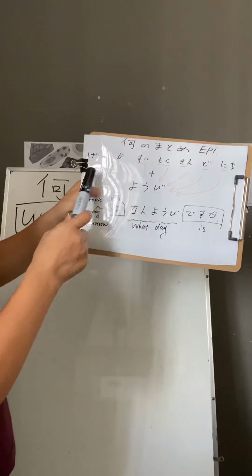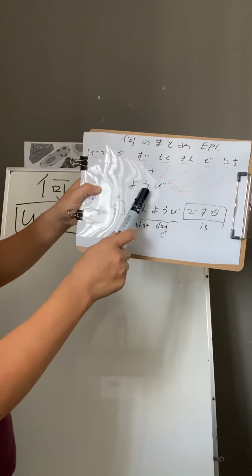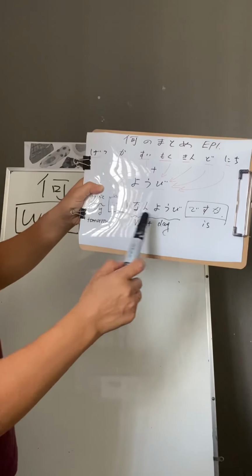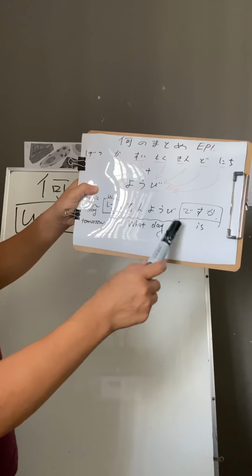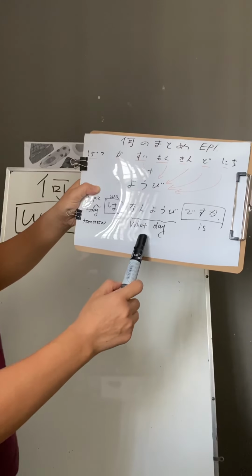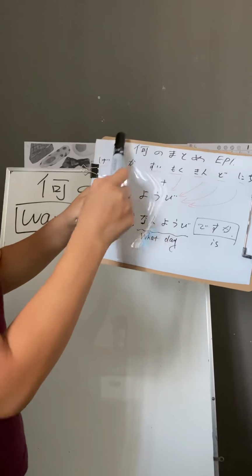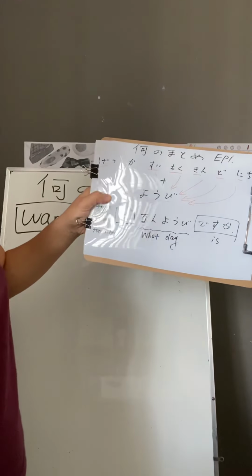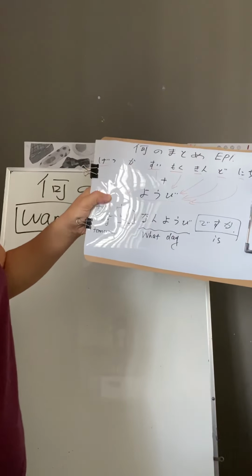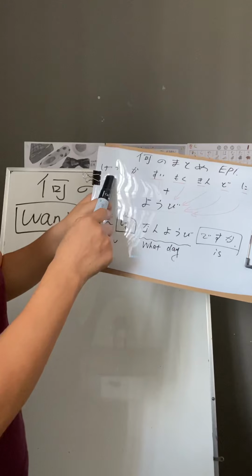So 曜日 means day. 何曜日, 何 means what? 何曜日 what day. 何のまとめ, so episode 1 kanji. This kanji can be pronounced as nan.